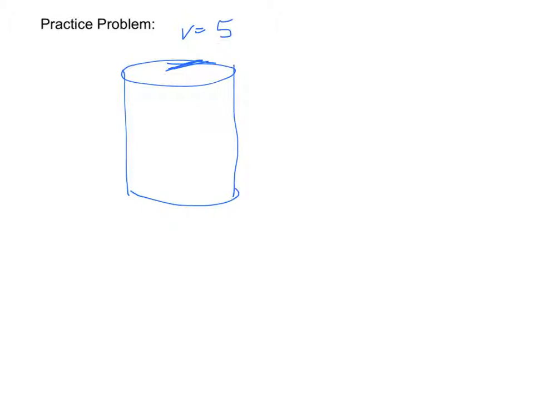So if you're given, for example, a cylinder with radius, and you're given that the radius equals 5 and that the height equals 10, then we can use our formula. So we know that V equals base times height, and we know that the area of the base is going to be pi r squared.